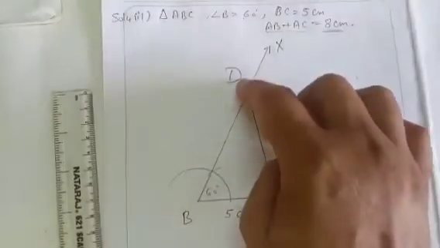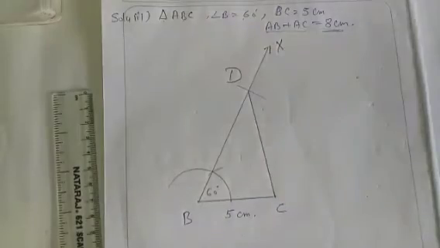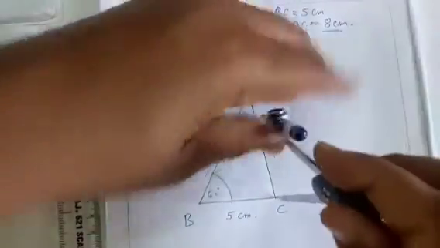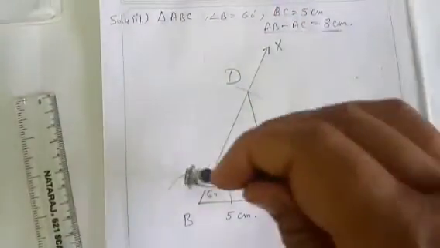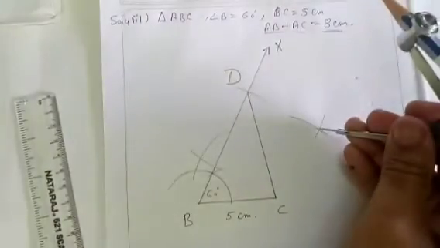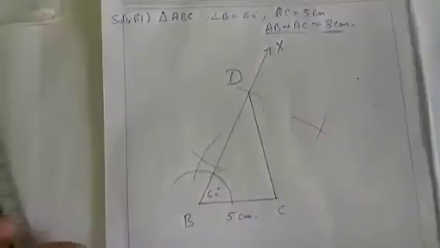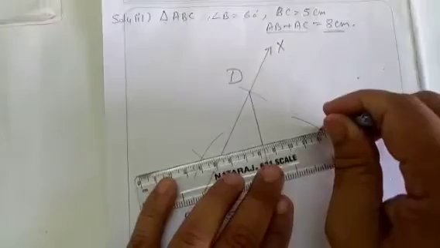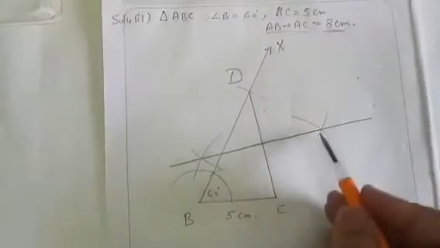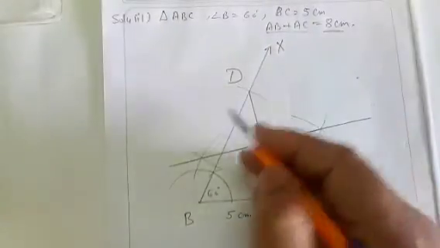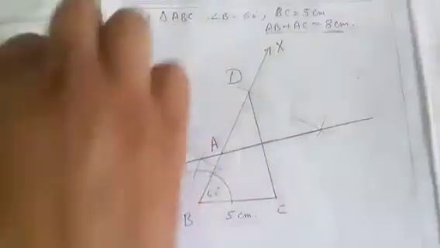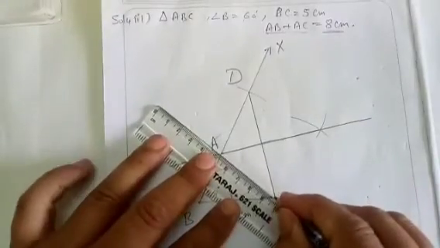Then you bisect DC. You know how to bisect a line segment: take more than half of the line CD and cut an arc on both sides. Join this intersecting line. Where the bisector intersects the line BD, name it point A. Join AC.